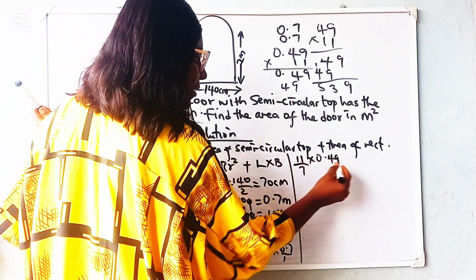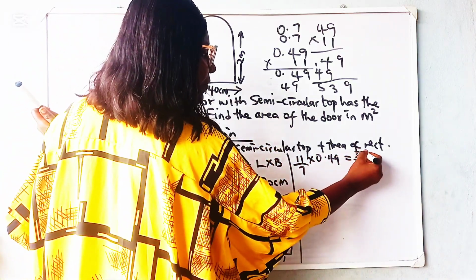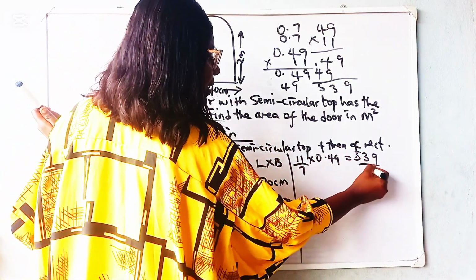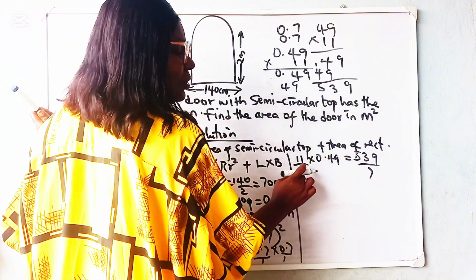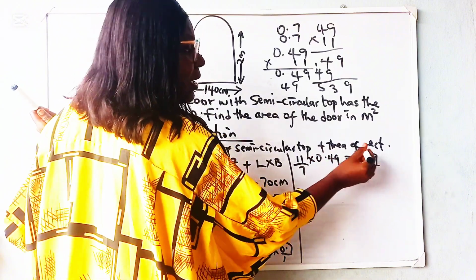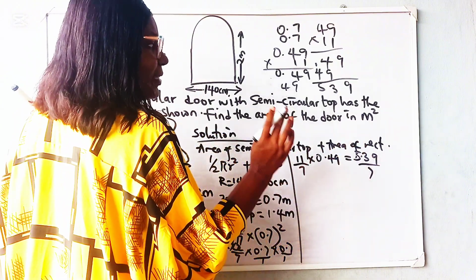So we have 539 over 7, but because we have 2 decimal places, it will be 5.39 divided by 7.